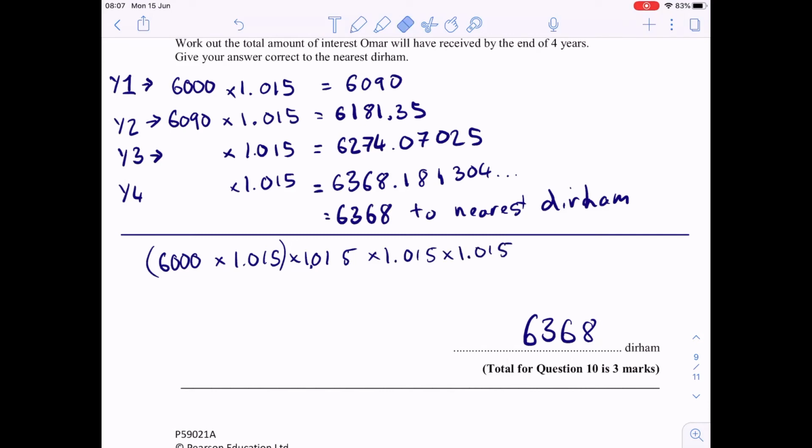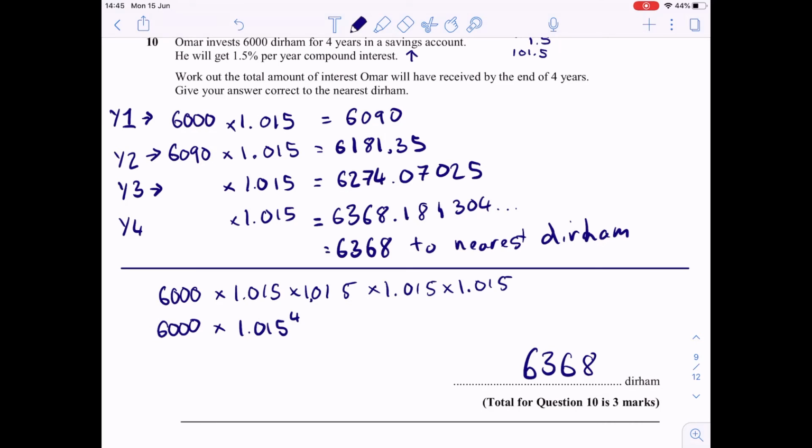Or actually, better still, as I've got 1.015 timesing itself 4 times, I could write this as 6,000 times 1.015 to the power of 4, and that will give you exactly the same answer. Let's type that in on our calculators: 6,000 times 1.015 to the power of 4, and it gives me exactly the same answer.